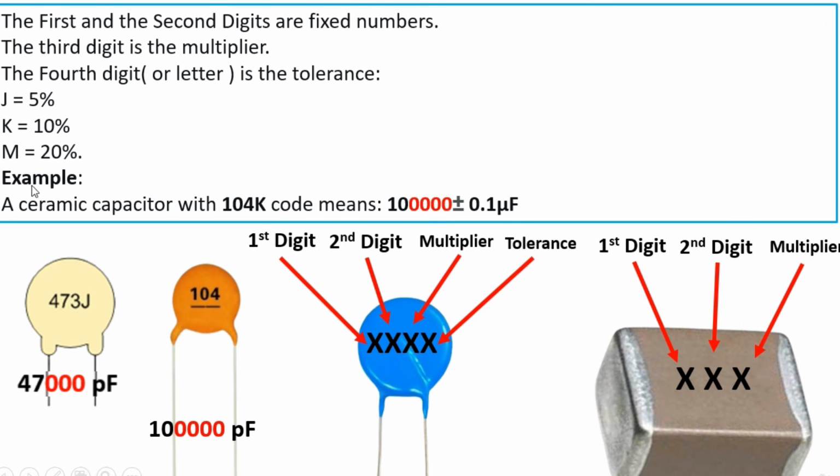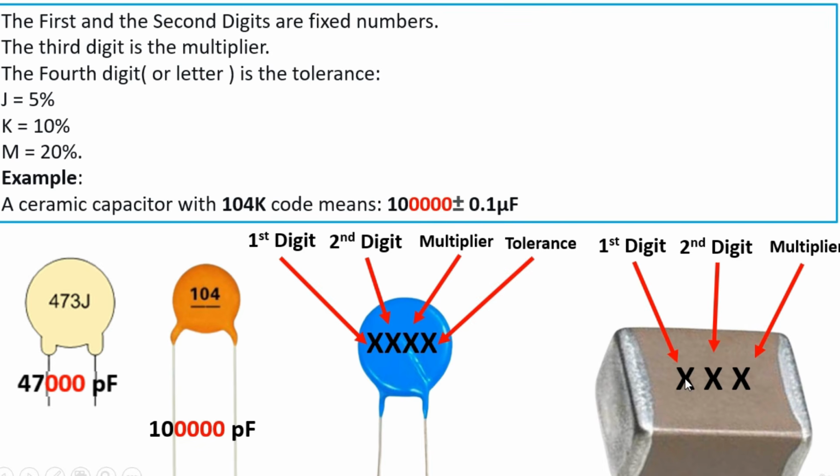Let's see an example. Say we have a ceramic capacitor with the code 104K. This code means 10 followed by 4 zeros, plus or minus the tolerance. Here we have K, so the tolerance is 10% of this number.